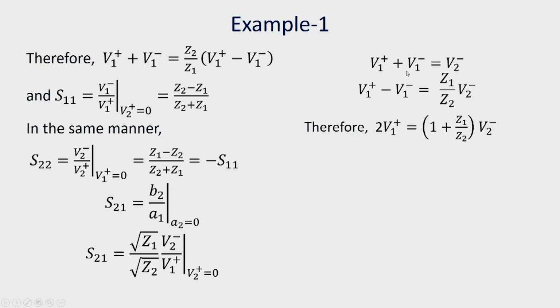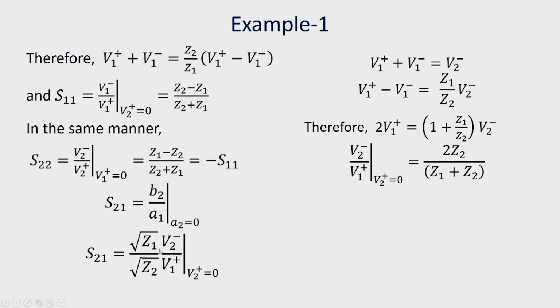And therefore, if we add these two, we get 2 V1 plus is equal to (1 plus Z1 by Z2) V2 minus, and therefore V2 minus by V1 plus when V2 plus is equal to 0 is 2 Z2 divided by Z1 plus Z2.